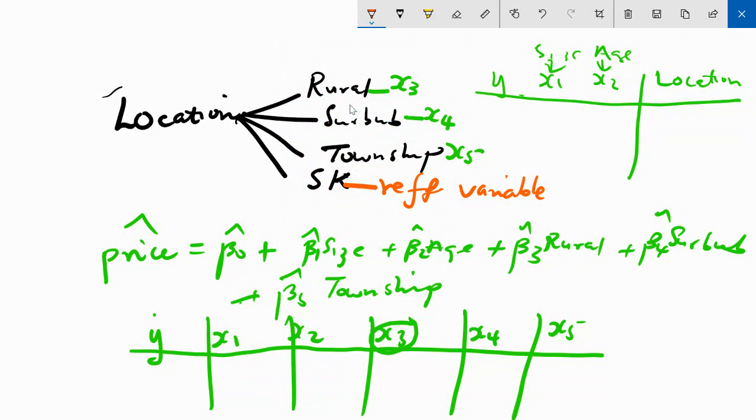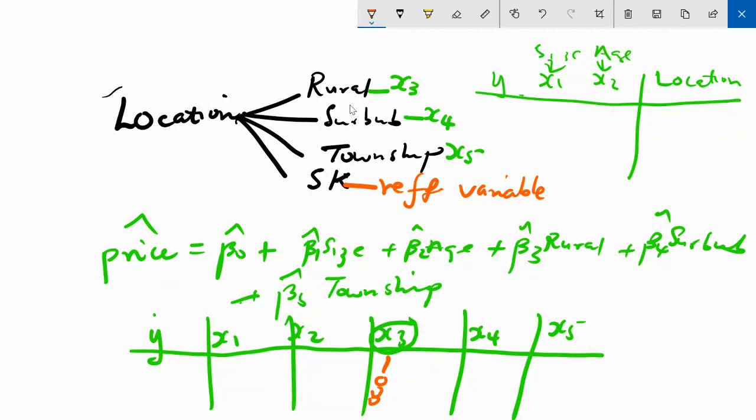So when you go to your data set, whenever you're under X3, when you see the location as rural, you'll put 1. If the location is not rural, you'll put what? 0. Wherever it's not rural under X3, you'll put 0. You'll put the zeros. But if it's rural, you put 1.